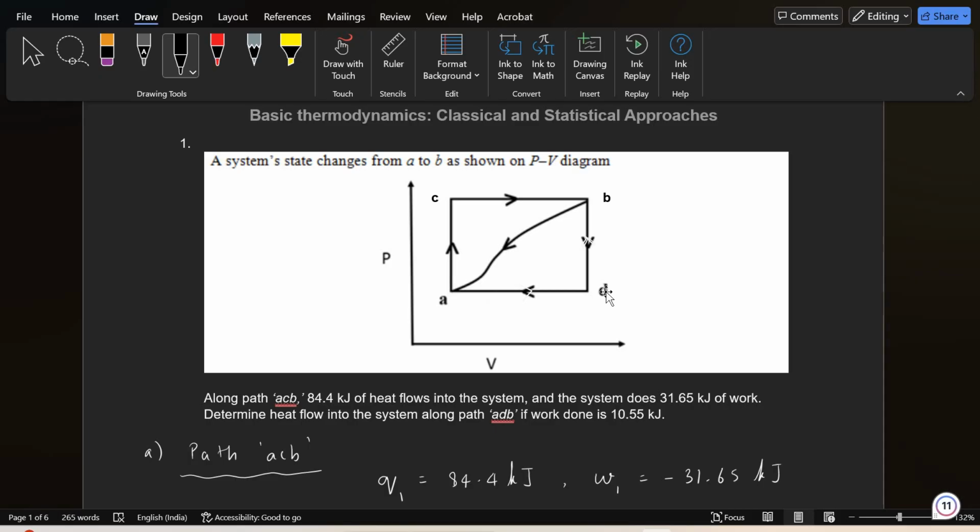Can you tell me how we can calculate? Think about it and tell me.